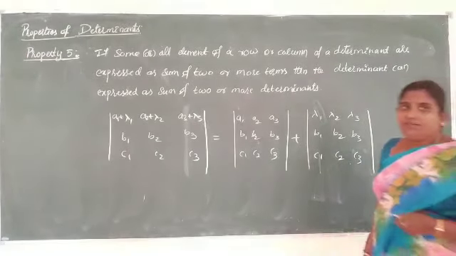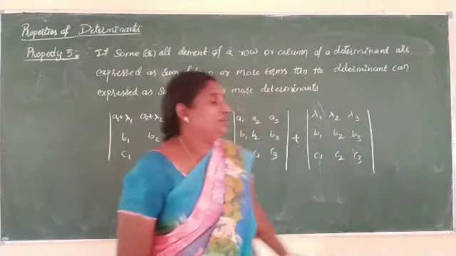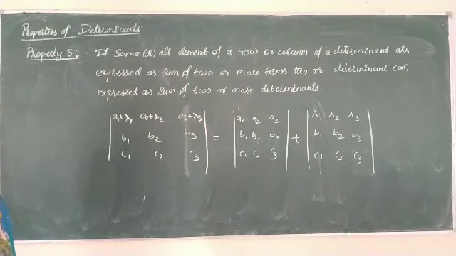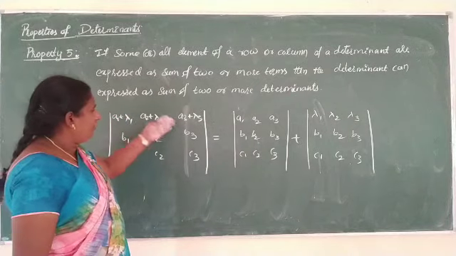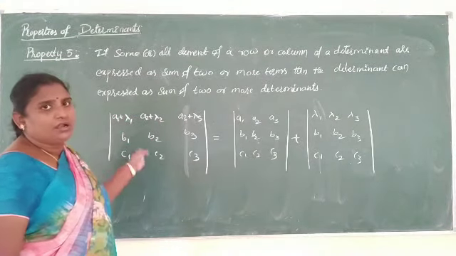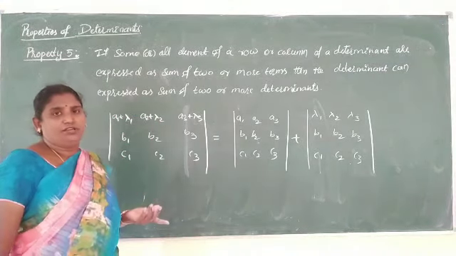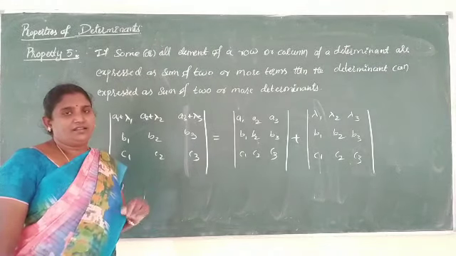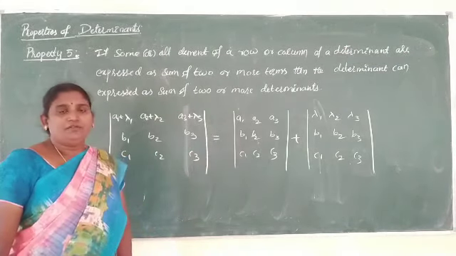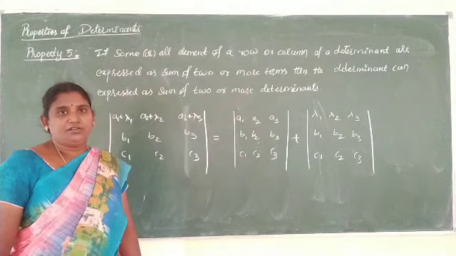Like this we can write. This is the meaning of property 5, not only for a row, for a column also. If the elements are a sum of two or more terms, that determinant we can write as a sum of two or more determinants. Got it?